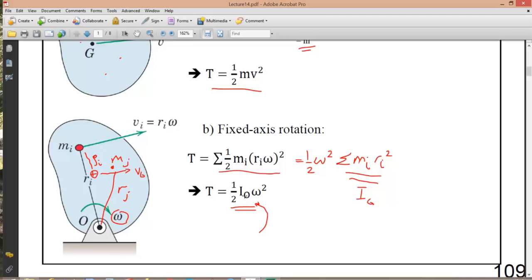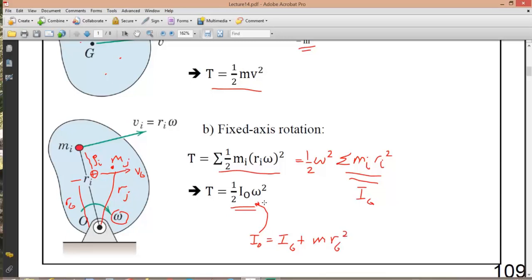if you remember, this IO is defined as Ig, the mass moment of inertia calculated about the mass center, plus, if we say this is Rg, the radius from the mass center to point O is Rg, then this is m Rg squared, right?